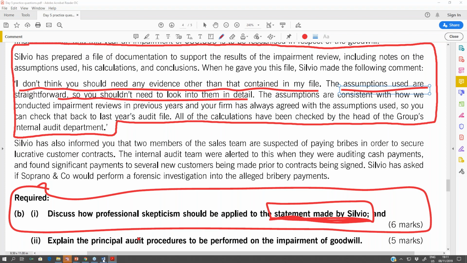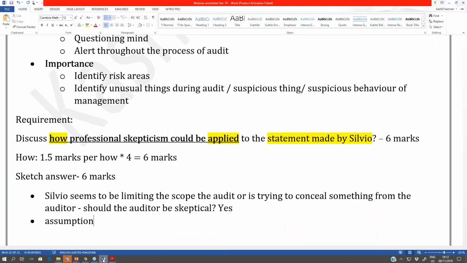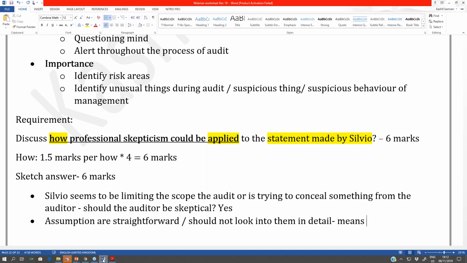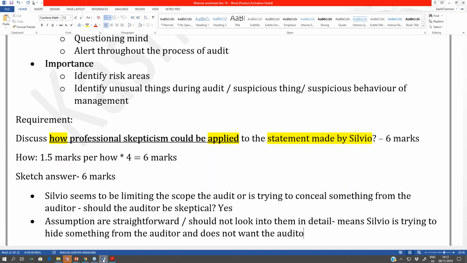So the next point, assumptions are straightforward and should not look into them in detail means Silvio is trying to hide something from the auditor and does not want the auditor to perform detailed procedures on impairment.